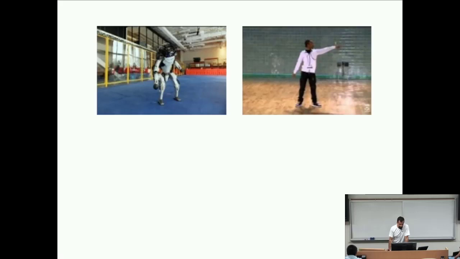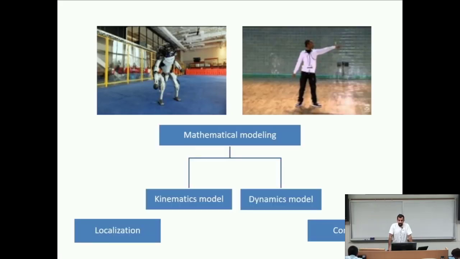In that case, you might be able to develop a robot that can dance as well as a human dancer. What I'm trying to say is that for a very complicated task, including dance, you need a very precise model of the system, and that model includes a kinematic model and a dynamic model of the system.